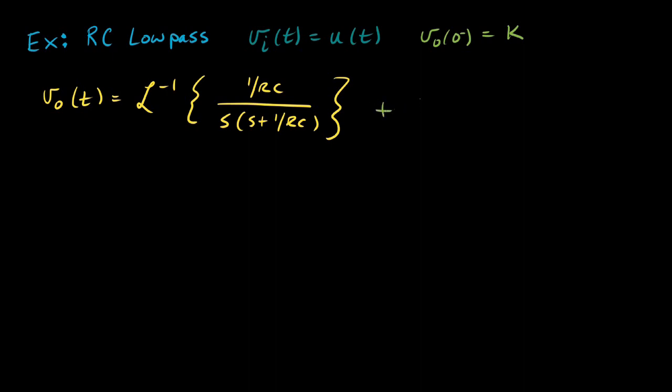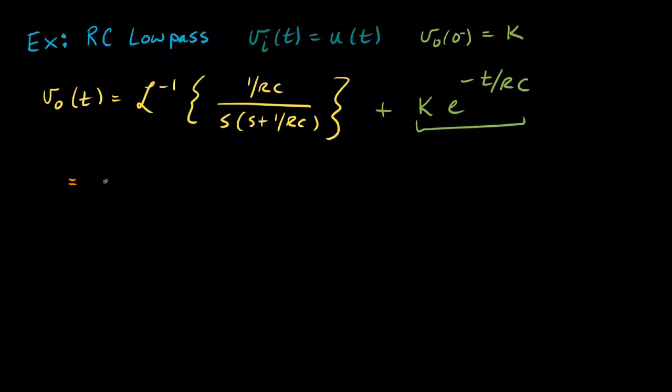So that's going to be plus K e to the minus t over RC, right? It's not dependent on the input in any way. So this is the same no matter what our input is actually going to be. This term is just going to add to it if K is non-zero. All right, so I can go ahead and write what the inverse Laplace transform is going to give us, which we already know, but I'll go ahead and take care of it anyway.